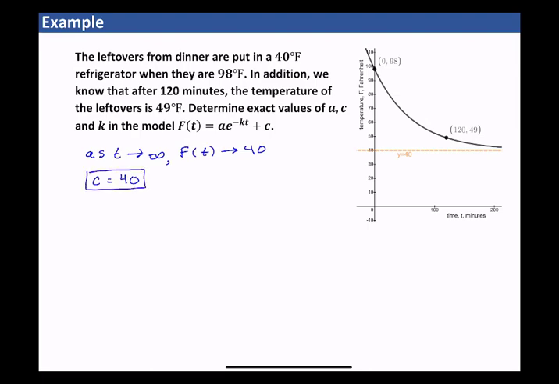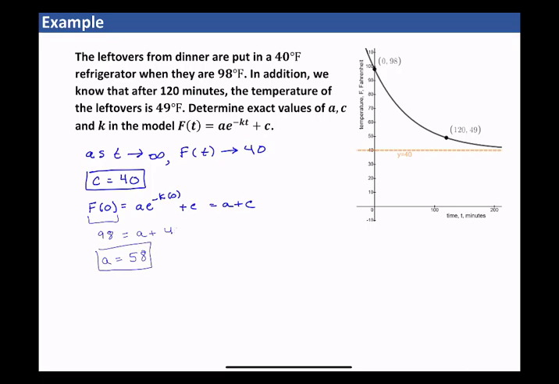Next, we can use what we know about the initial temperature to find the value of a. We know f of 0 equals ae raised to the negative k times 0 plus c, and that simplifies to a plus c. Since c is 40, and the leftovers are initially 98 degrees Fahrenheit when put in the refrigerator, we know that 98 equals a plus 40. Solving for a, we can see that a equals 58.